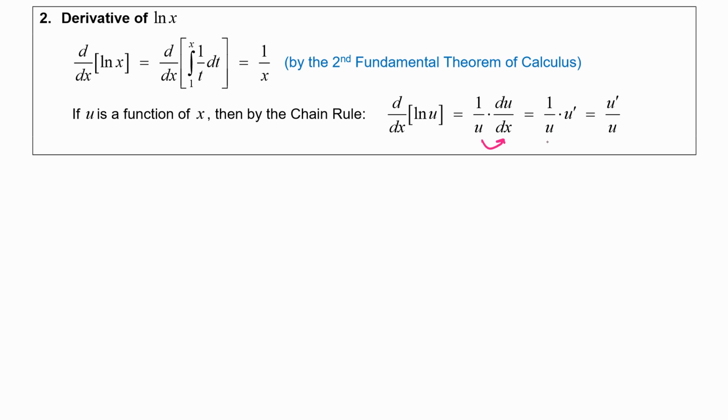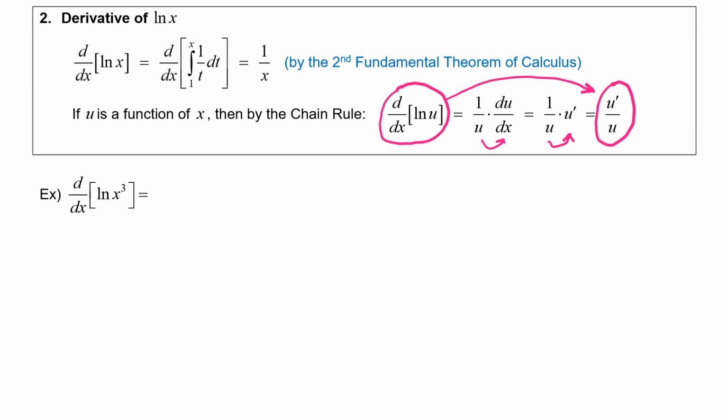And 1 over u times u prime can be written in a simpler form as u prime over u. So now we can say that the derivative with respect to x of the log of u can be written with this rule, u prime over u.